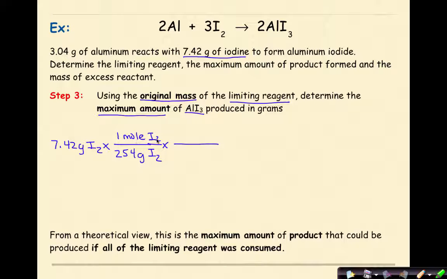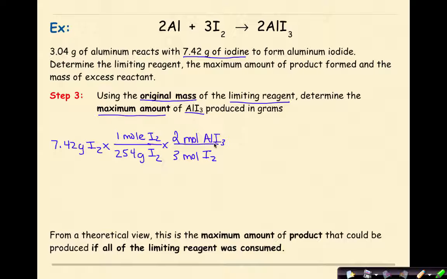So if I have I2 on top of here, that's going to go on the bottom of here. So moles of I2, and I want to get to moles of AlI3. And again, I'm going to go back to my balanced equation because this section right here is just a mole-to-mole problem. I'm going to look at the coefficient in front of I2, which is 3. I'm going to look at the coefficient in front of AlI3, which is 2.